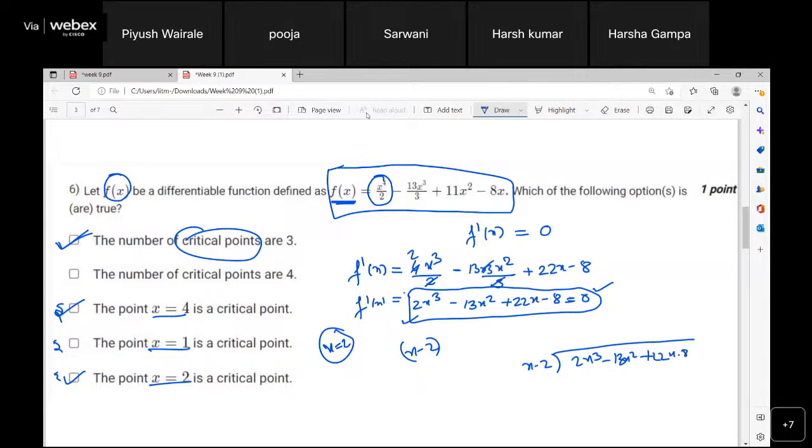So here we will get a polynomial of degree 2, right? In the quotient we'll get degree 2, right? So if I divide this, by what factor I have to multiply? That is 2x square, right? So multiply by 2x cube minus 4x square.